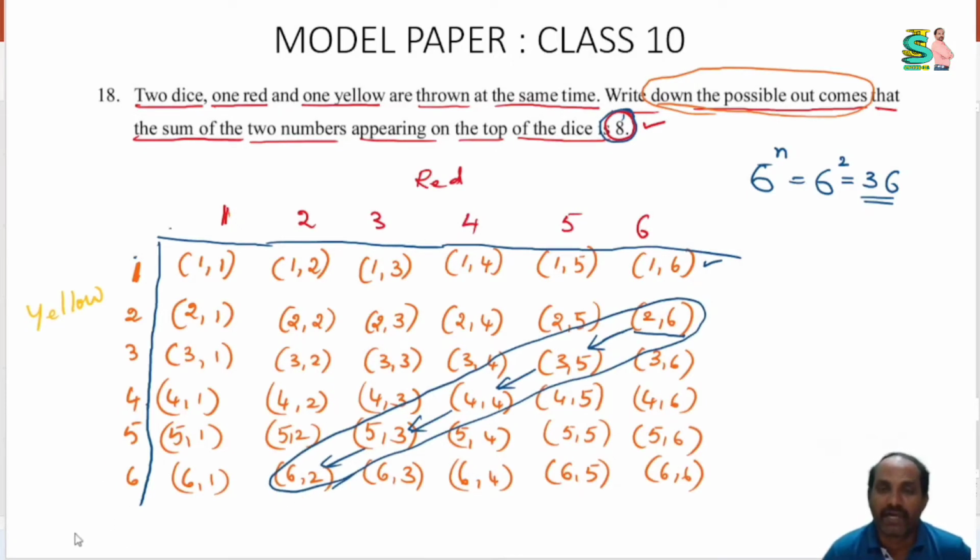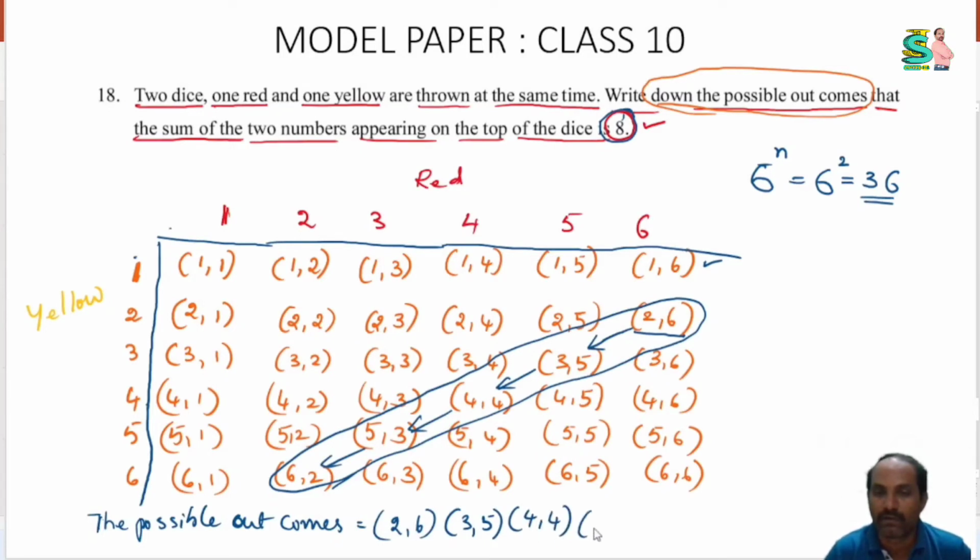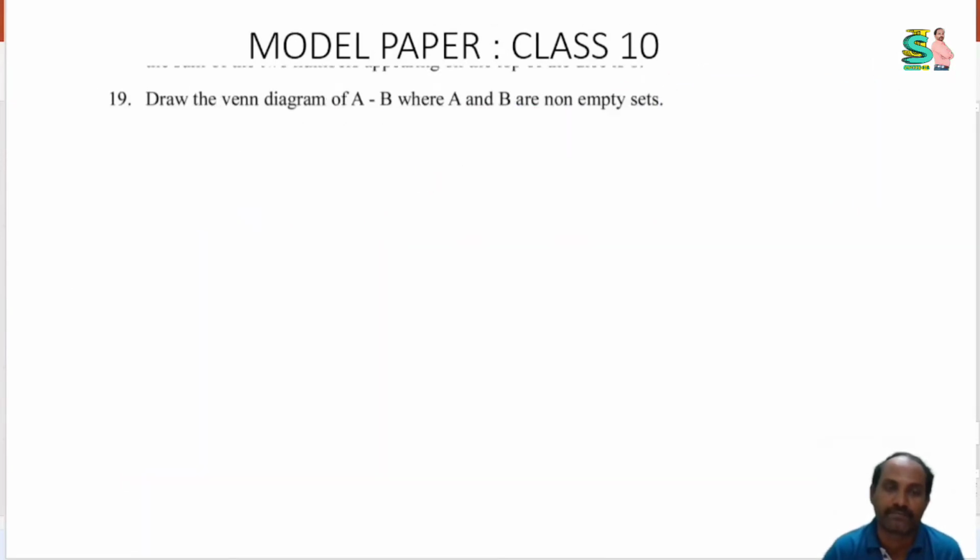So the required possible outcomes are 2 6, 3 5, 4 4, 5 3 and 6 2. Okay, is it understood? Now let us go to the next question.